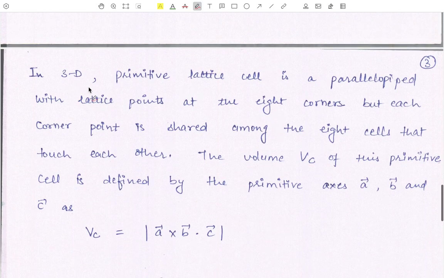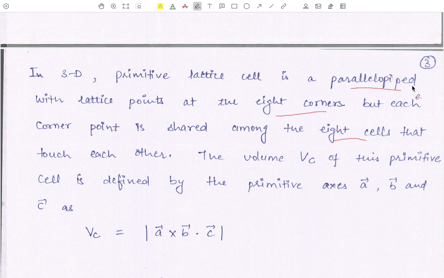Now, in 3 dimensions, the primitive lattice cell is a parallelepiped with lattice points at the 8 corners, but each lattice point is shared among the 8 cells that touch each other. So, from here, we can have a picture in our mind of a 3-dimensional primitive lattice cell.